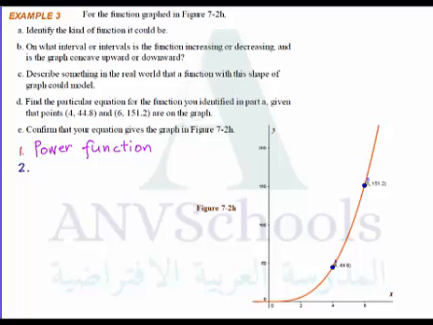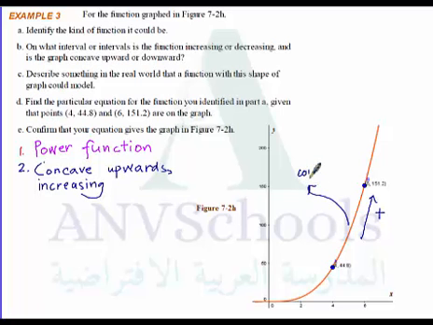So it is concave down, still concave down. I'm sorry, it's concave up. Please forgive me for that. It's concave upwards, and at the same time it's increasing and positive.